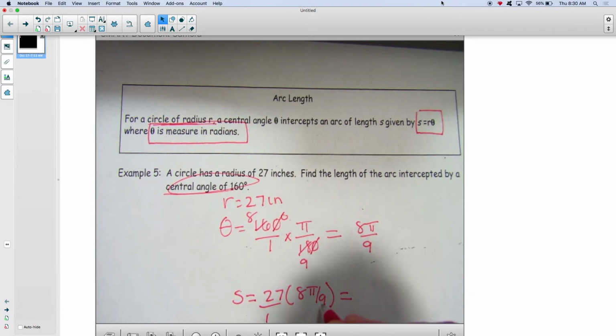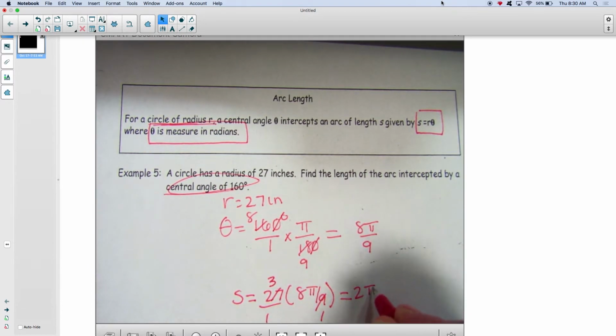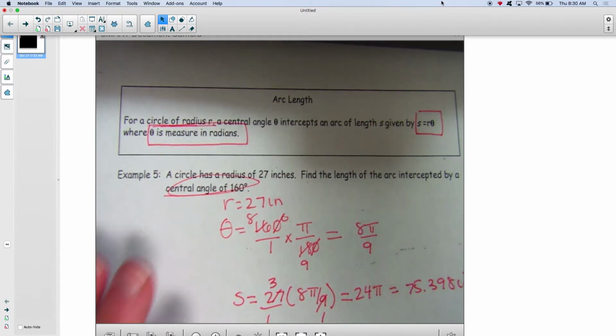What I did was, though, I saw that 9 went into 27 3 times, so that gave me 24 pi. Which gives us about 71.398 inches when you put it into your calculator.